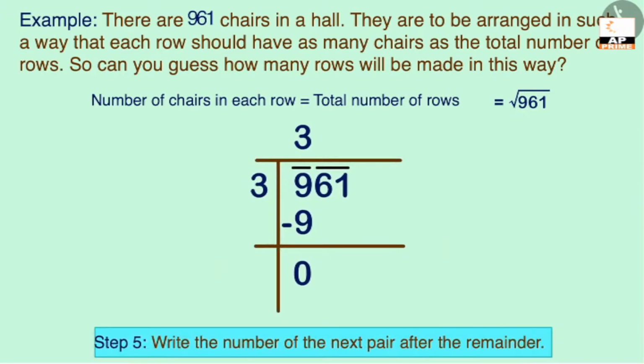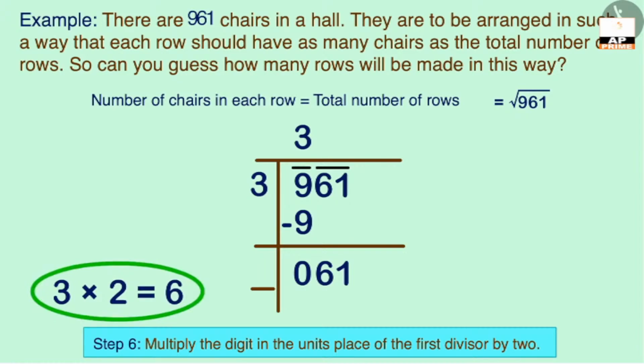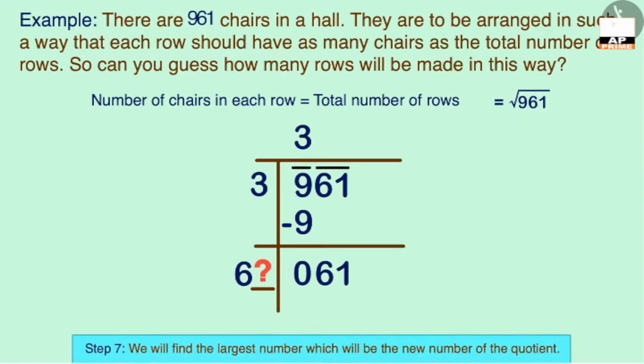We will write the number below the next bar next to the received remainder. Now leave a blank space for the units place of the new divisor and multiply the digit in the units place of the first divisor by 2. After this, write the resulting product beside the blank in this way.